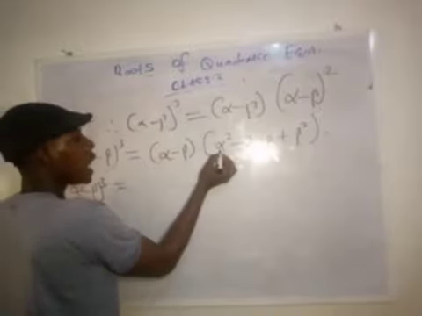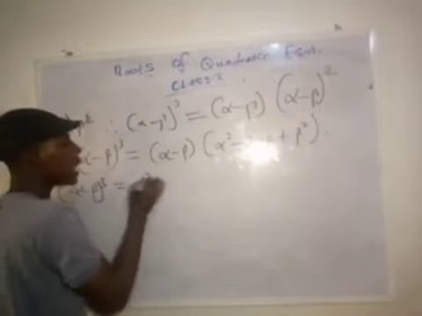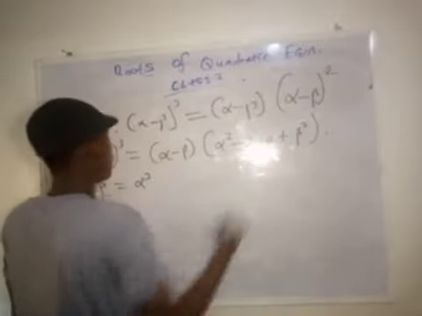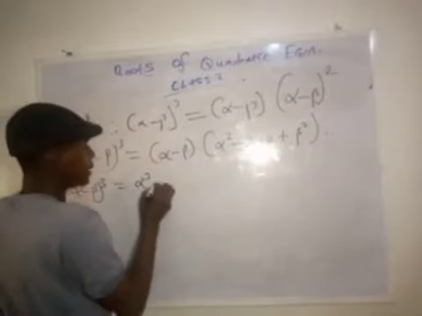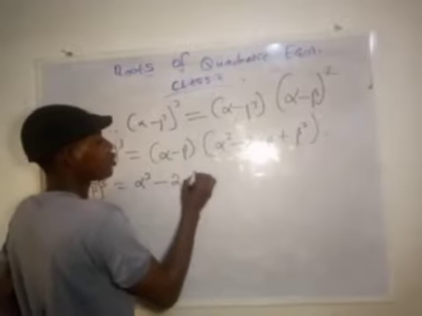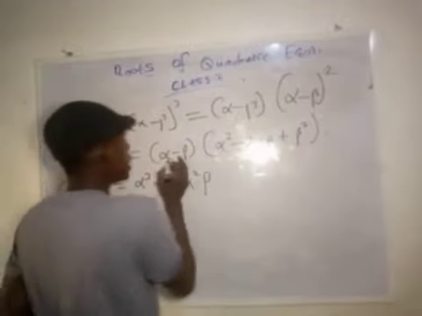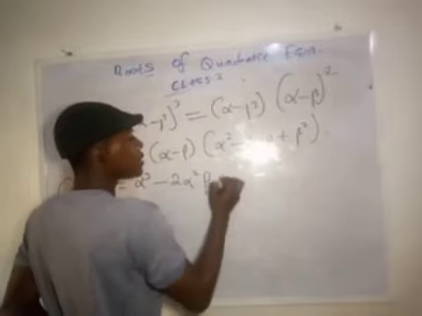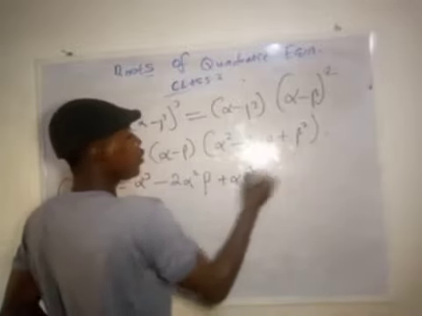If alpha multiplies alpha squared, we are going to get alpha cube. If this alpha multiplies minus 2 alpha beta, I'm going to get minus 2 alpha squared beta. And if this alpha multiplies positive beta squared, I'm going to get positive alpha beta squared.